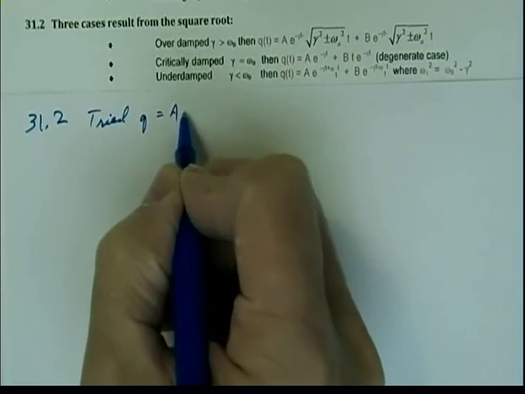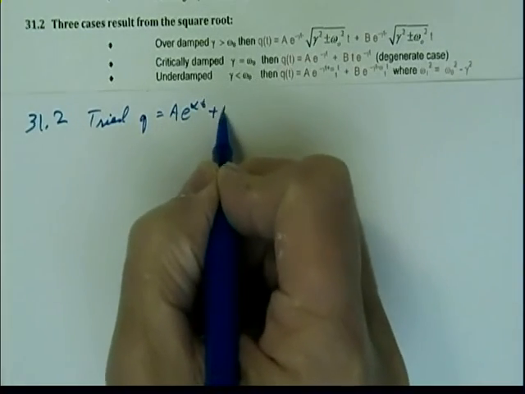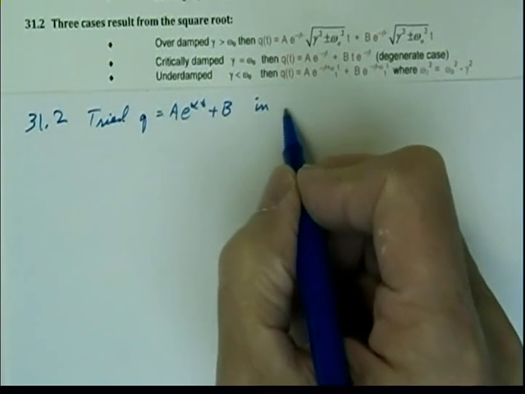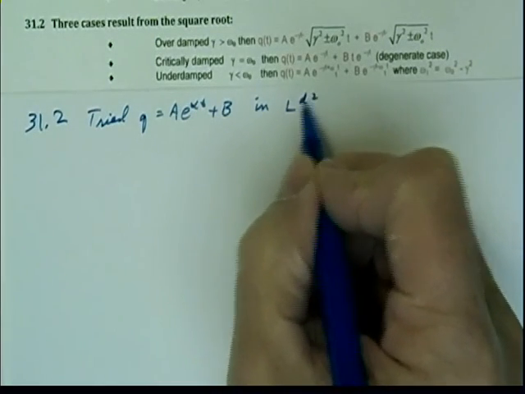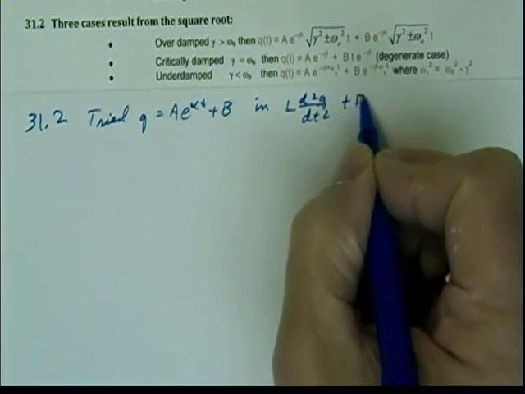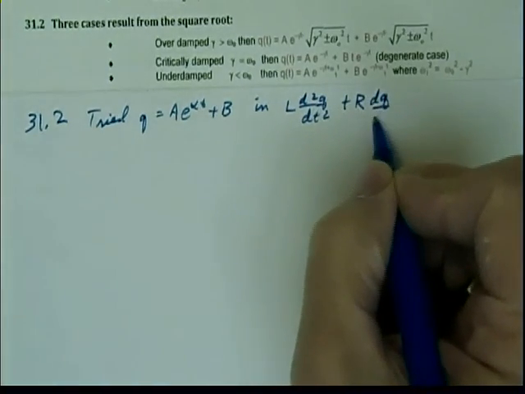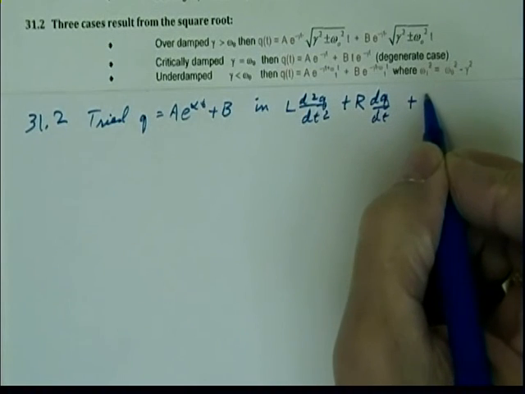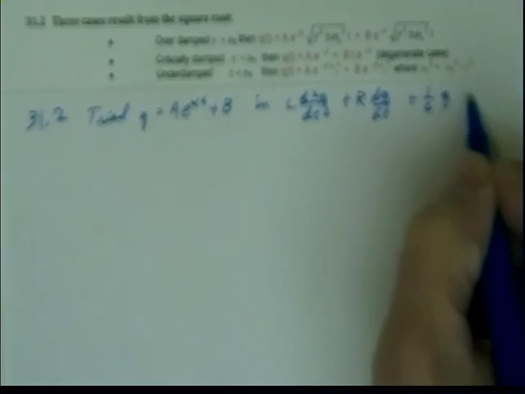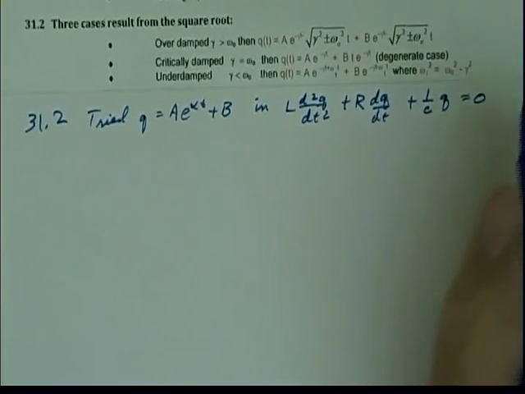Q equals A e to the alpha t plus b. In the equation, L d second Q dt squared plus R dq dt plus 1 over c q is equal to 0.